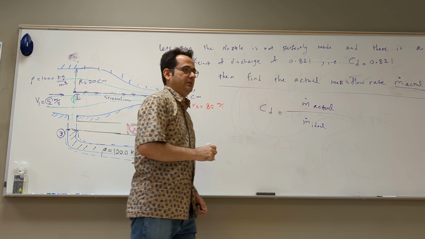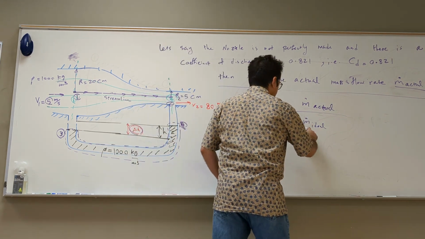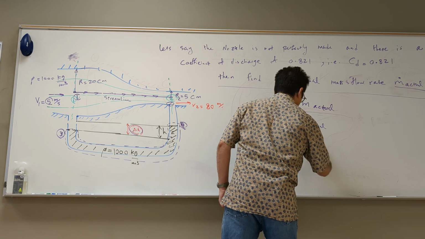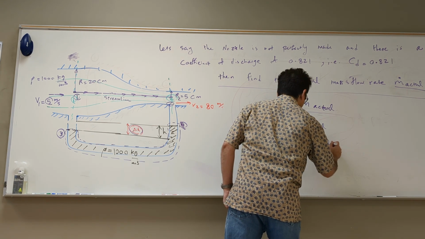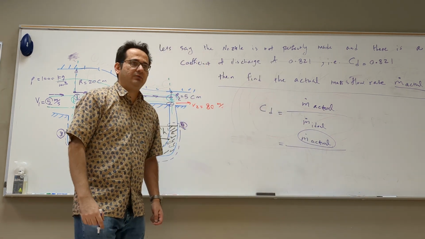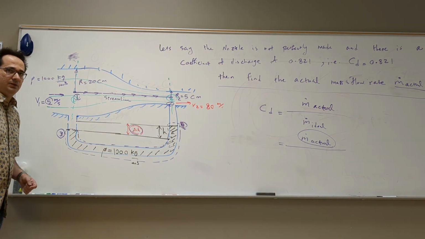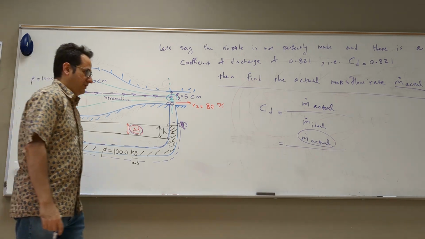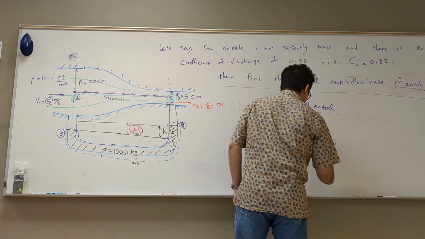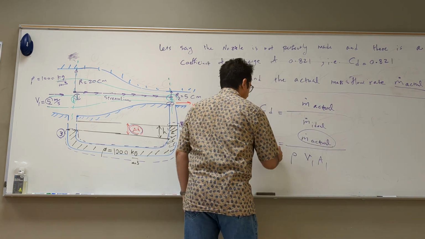That's what you have, right? M dot actual is what we're trying to get, divided by m dot ideal. What can you write for m dot ideal? Let's say at this cross section it is rho V1 A1. So you pretty much have everything ready.